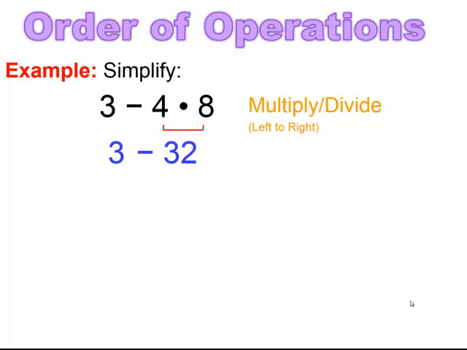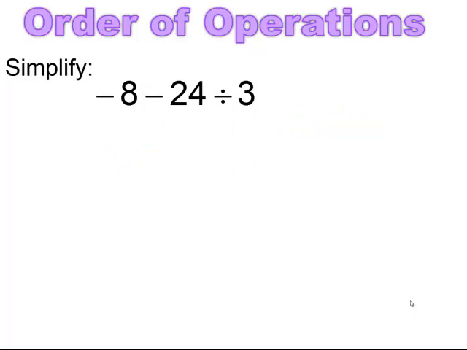So I get minus 32. And then I can do the subtraction, and my solution here would be a -29. So be very careful whenever you're evaluating arithmetic type problems. You want to make sure you're thinking of order of operations. Pause and try.